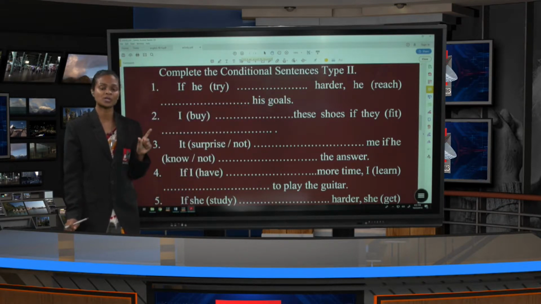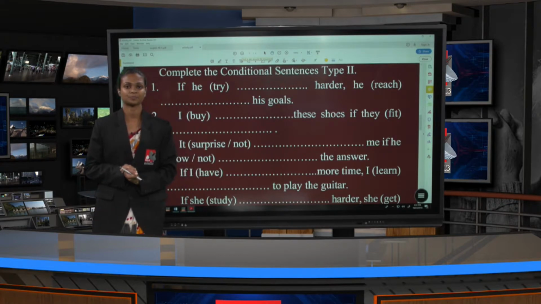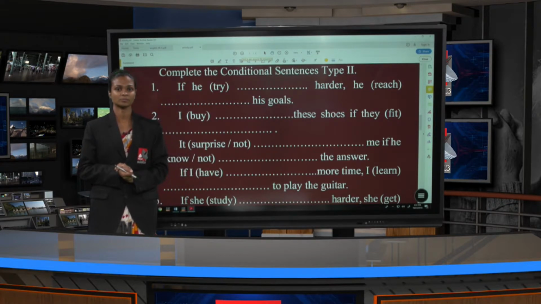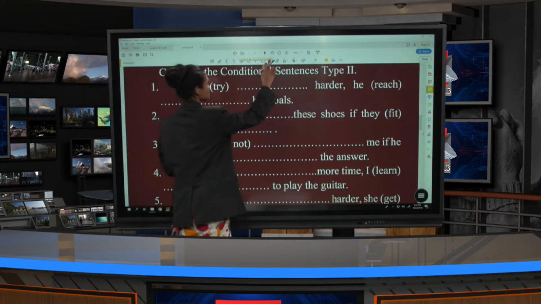So, how do you construct it? If plus, what is the answer? How do we construct type 2 sentences? If plus simple past.